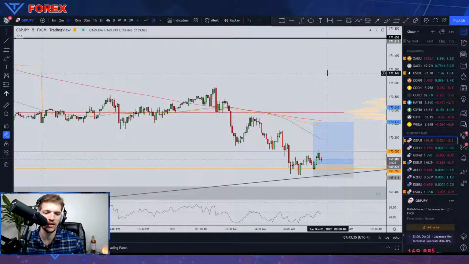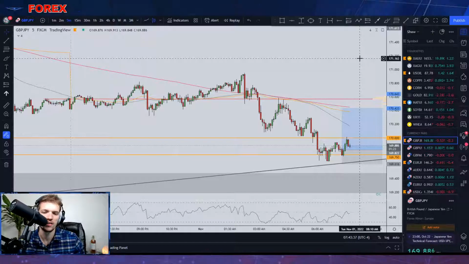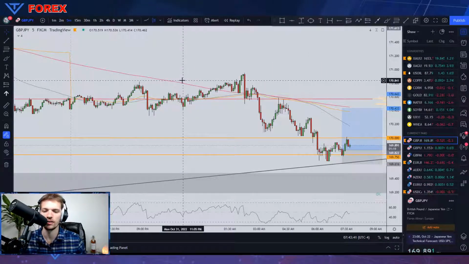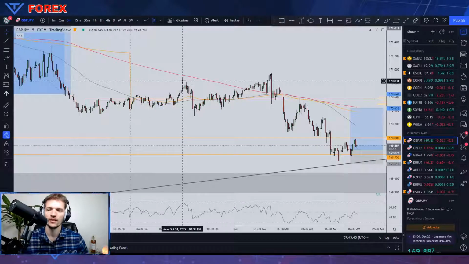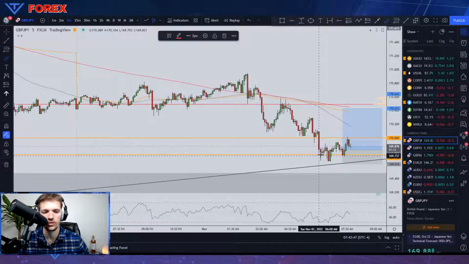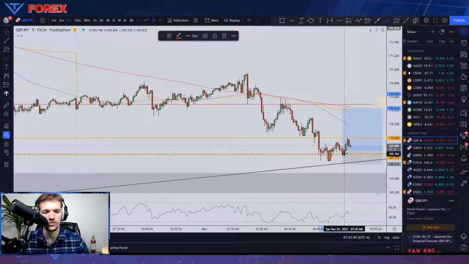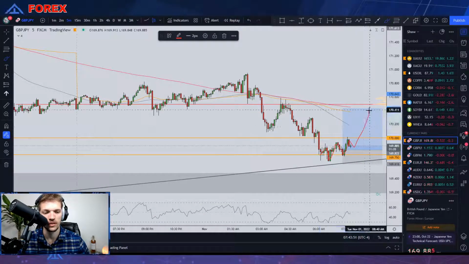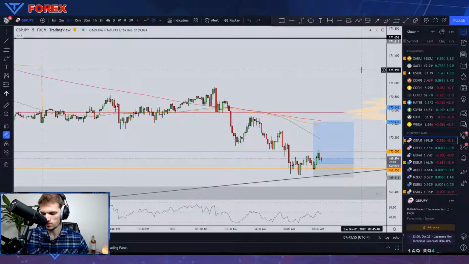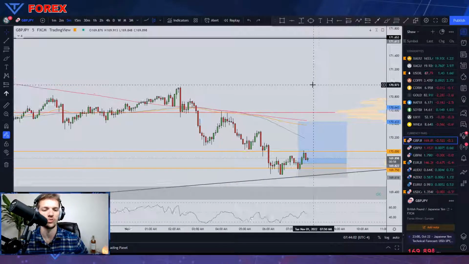But it does seem like it's creating some structure. It hasn't since, I don't know, since last night. This morning it's just been kind of bouncing down, but now what we're doing is creating these higher lows and higher highs. So it seems like we want to get a nice rally out of here instead of creating those lower lows and lower highs.